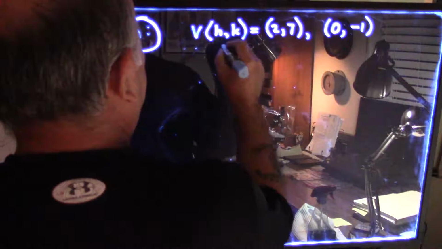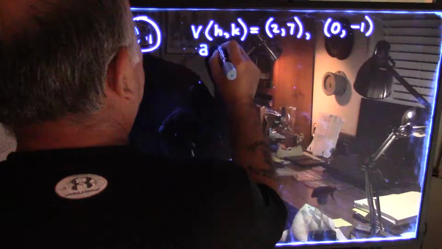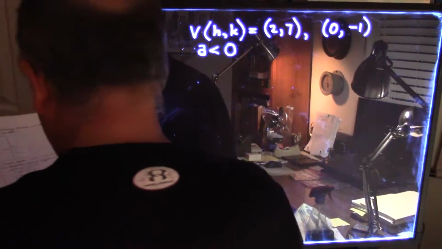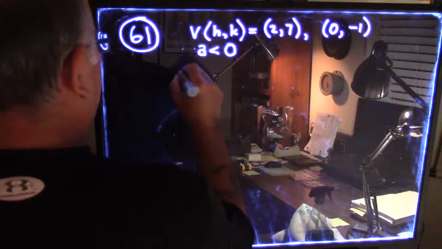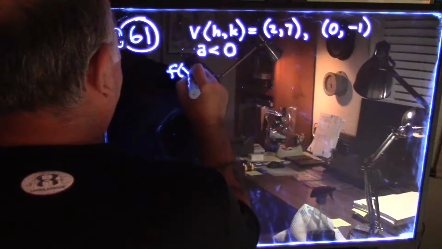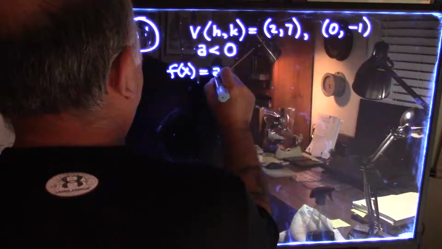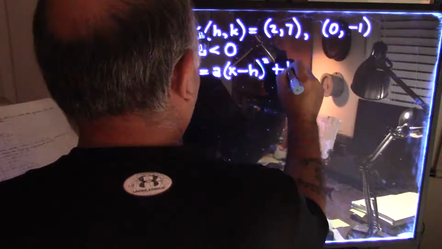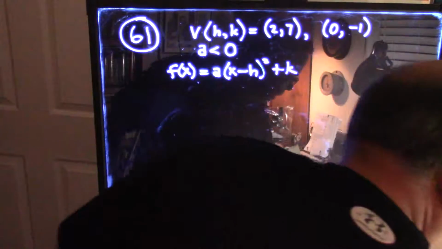And the leading coefficient A is negative. It opens downwards, so we know A is going to be negative. So we have our standard form, f of x equals A times the quantity x minus h squared plus k.